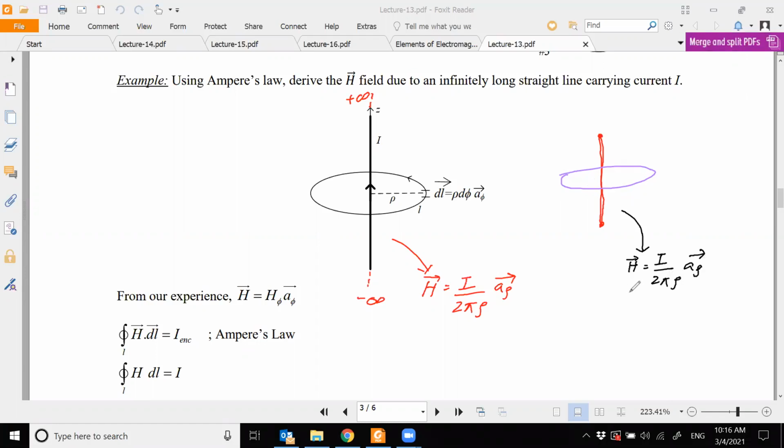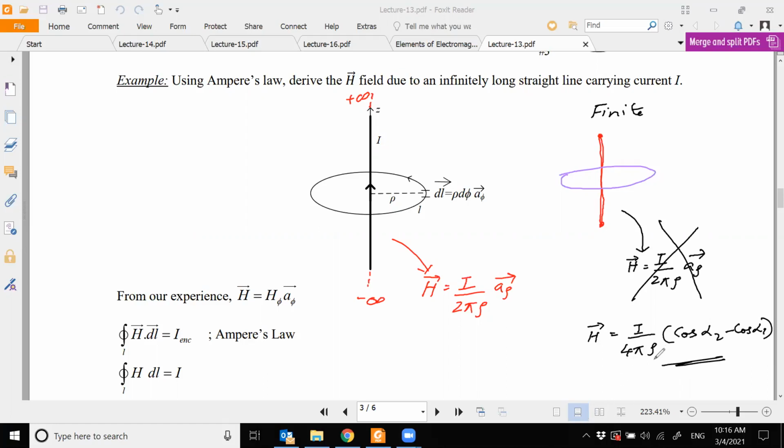But this is wrong, because we know the expression for the finite wire is I over 4 pi, times cos alpha 2 minus cos alpha 1. Remember, this is the expression.